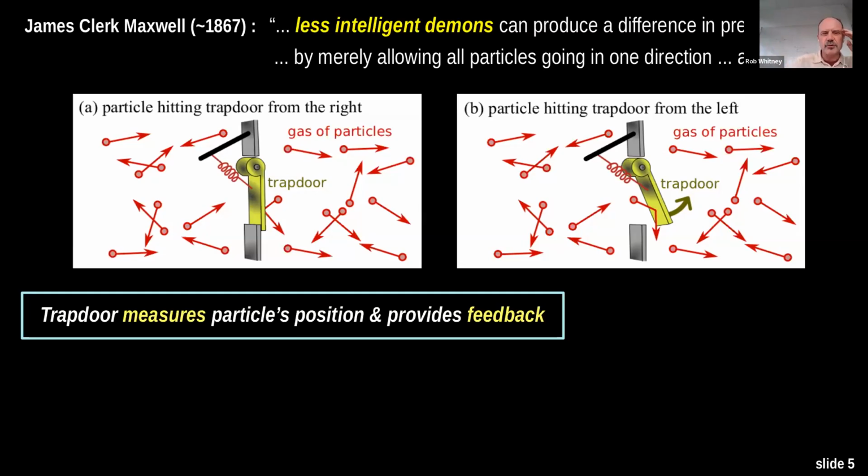But it is still, in some way, this trapdoor is measuring the particle's position and providing some feedback, in the sense that the trapdoor is pushed by the particle in a way that either lets the particle through if it's coming from one side, or doesn't let it through if it's coming from the other side. So it's a measurement feedback device where you don't need to inject any energy. There's no amplification effect. It's just a simple asymmetry.